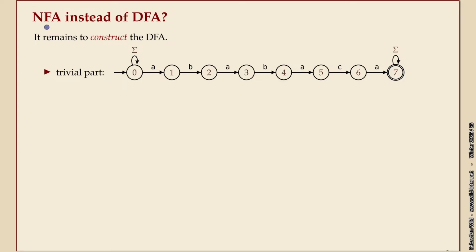With this extra freedom, an automaton that matches exactly this pattern is very easy. It's just the pattern written down, plus an option to stay in state 0. And then it's up to the user of this automaton to figure out when you should start moving to the right or when you should stay in state 0.